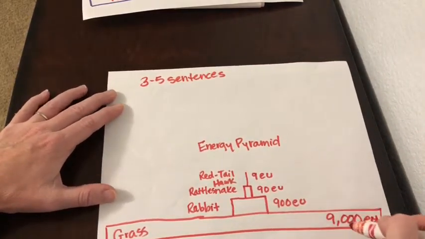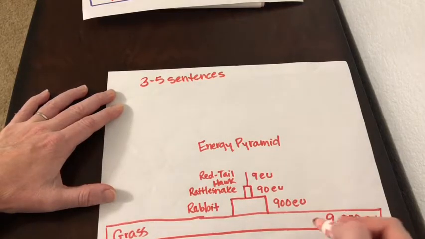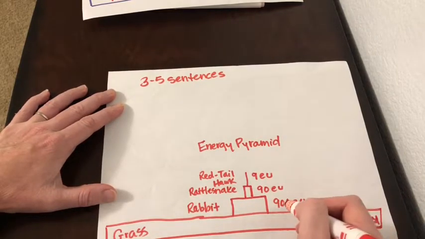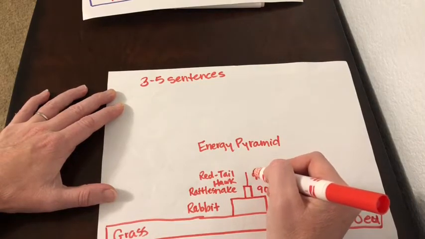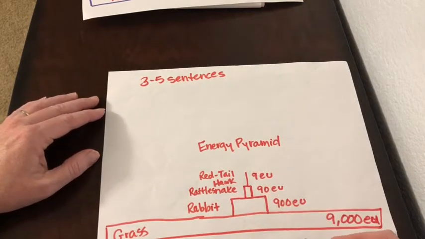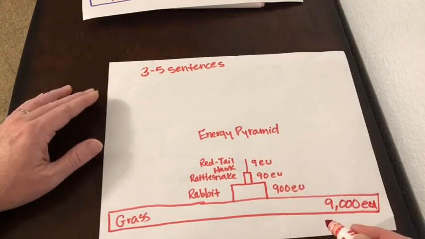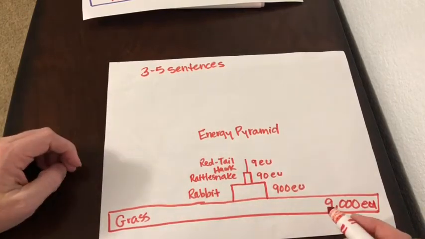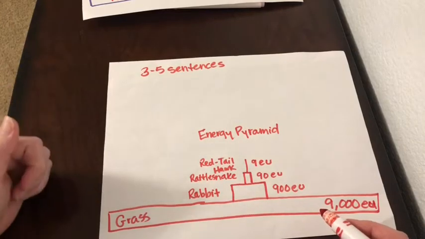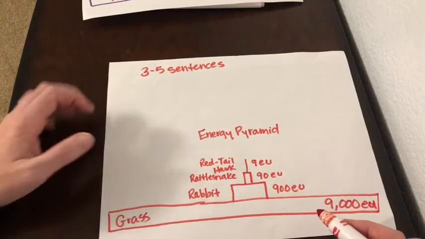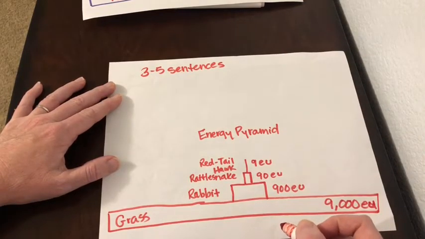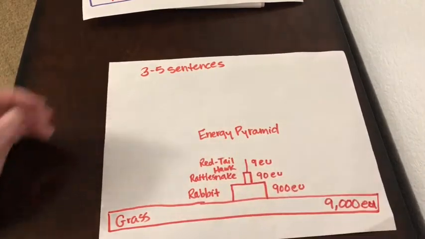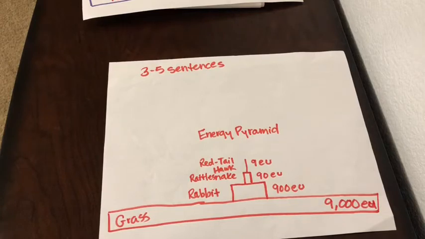You can say, with each level of the pyramid that you go up, you lose 90% of the energy, period. All that's left is about 10% of the original energy. And then describe the energy pyramid that you made. Make an energy pyramid and show how it goes. All right, good luck in making your own energy pyramid.